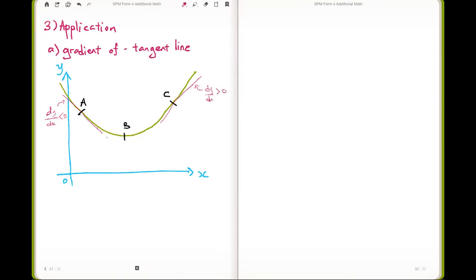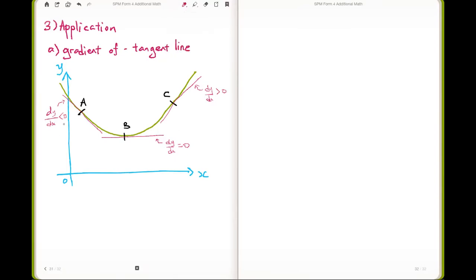Now what happened here is, when y is a constant, the line touches at point B at 90 degrees. Here my dy dx is equivalent to 2, which is the first equation in my previous part of the video.